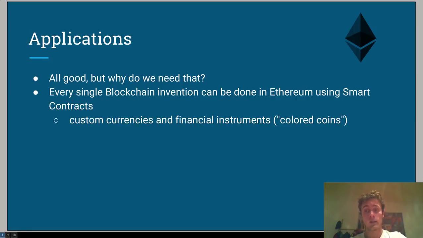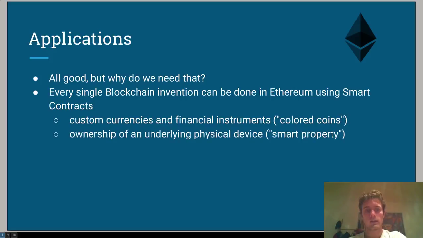And there are many of them. It goes really deep. Some call them colored coins. It can also serve as a certificate of ownership of physical devices, and we'll also look into this.